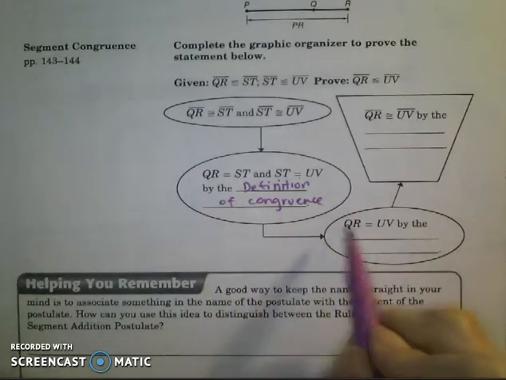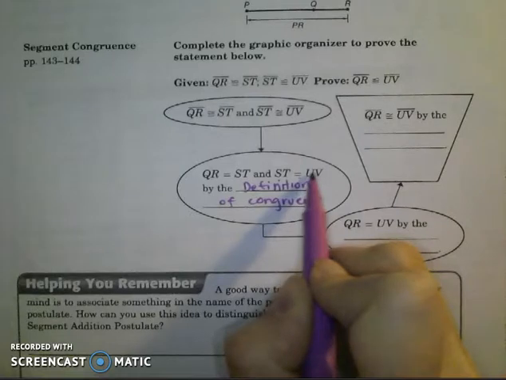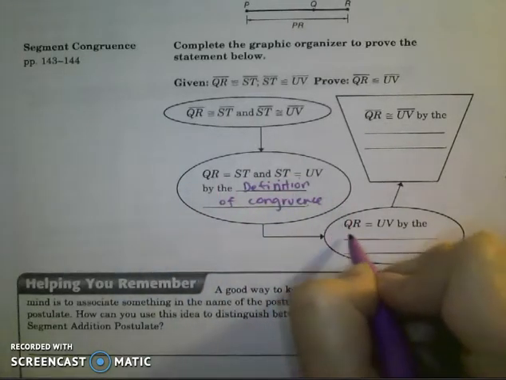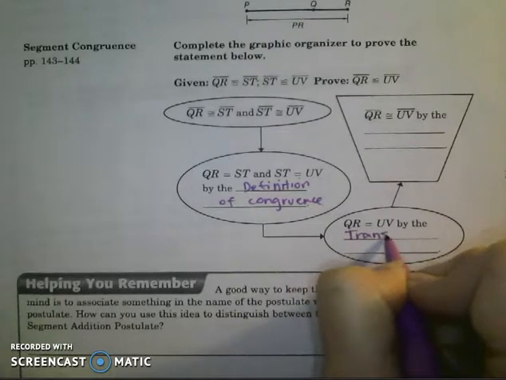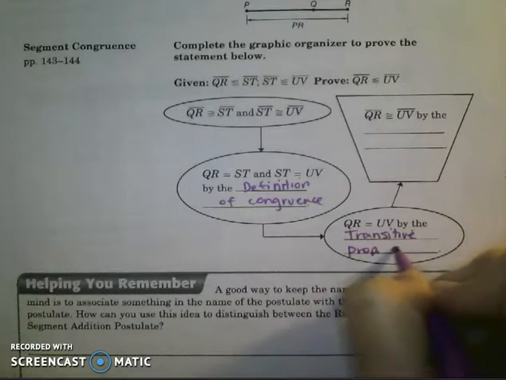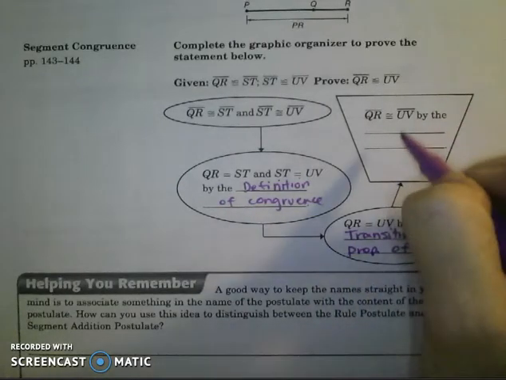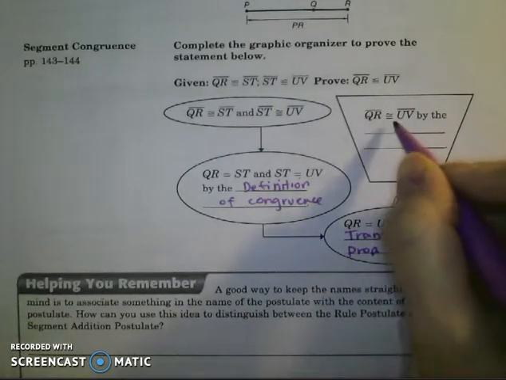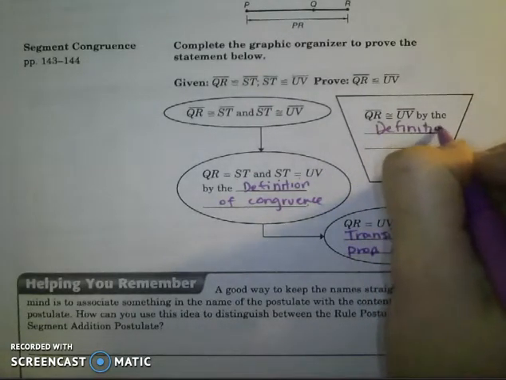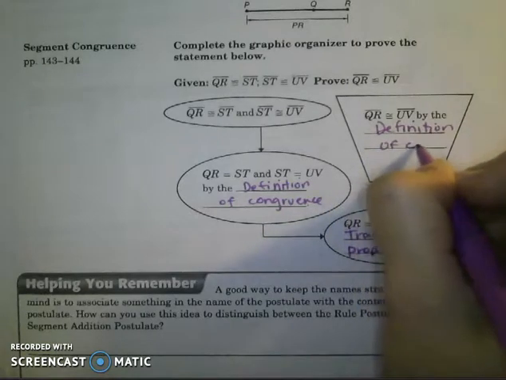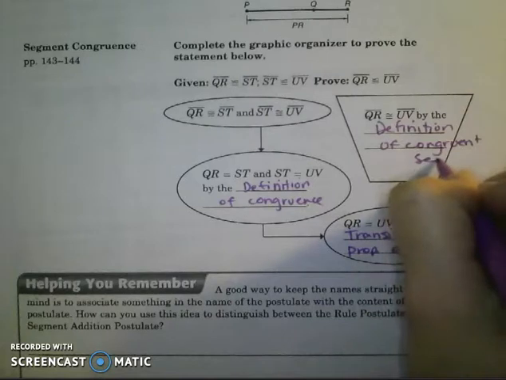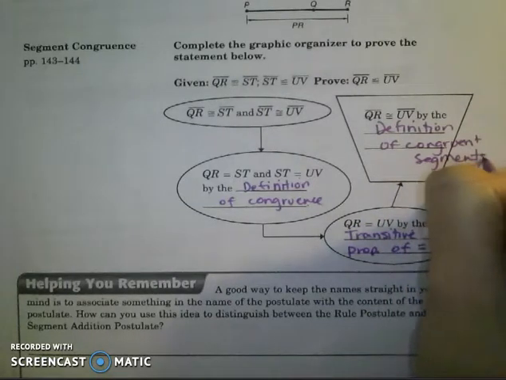It looks like they're putting QR equal to UV because they're both equal to ST. So taking the first, taking the last, putting that together is the transitive property of equality. Now we're moving from equals to congruence. So again, that's definition of congruence. Or congruent segments is fine too if you want to get specific.